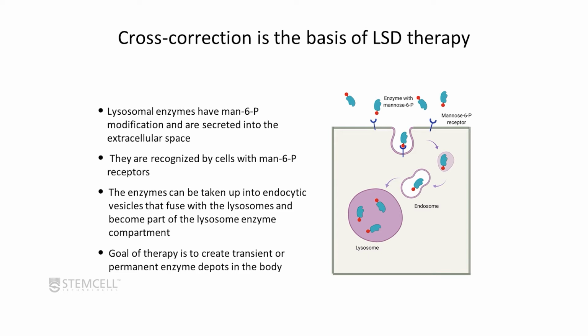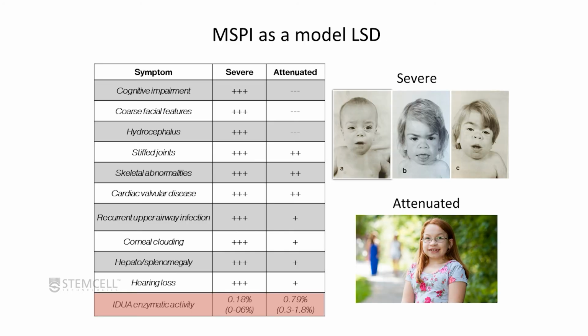A canonical LSD is this disease called mucopolysaccharidosis type 1, abbreviated as MPS1. It's also known as Hurler syndrome. This disease, as you can see from the table, affects multiple organs, including the brain, as I mentioned earlier.